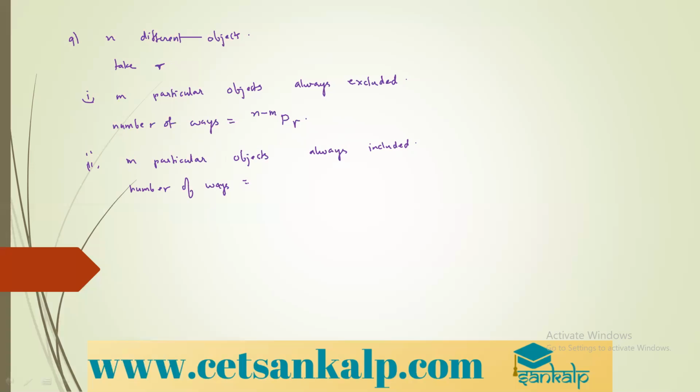First of all, from n, we will subtract m because anyhow we are going to include them. And similarly, we have to take r, but out of r, m are already taken. So I will remove those m objects and I will take only r minus m objects from n minus m objects.